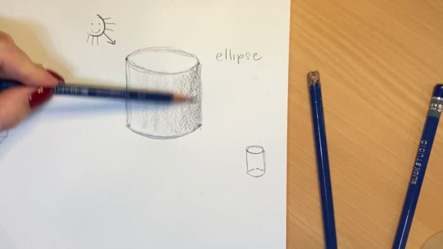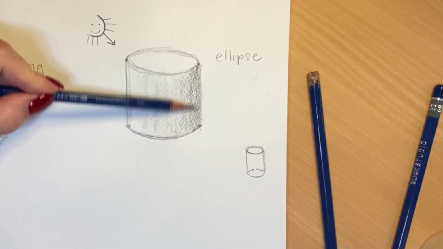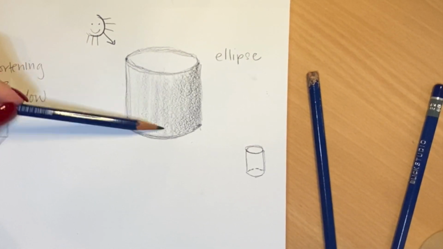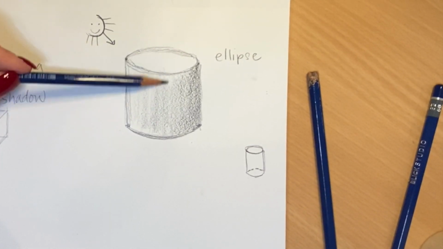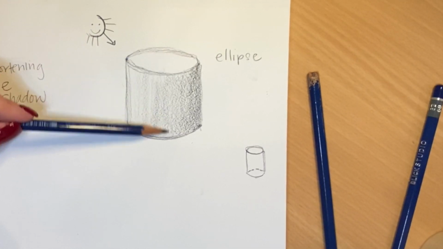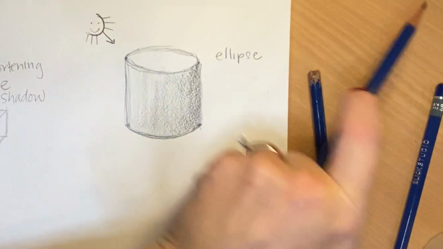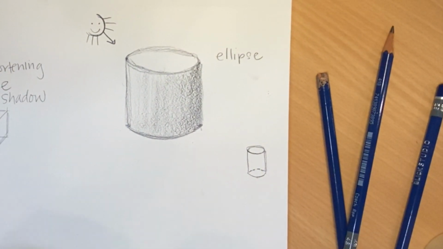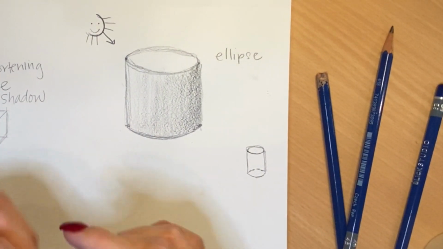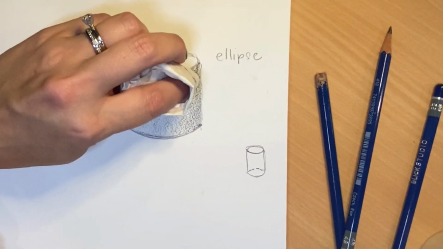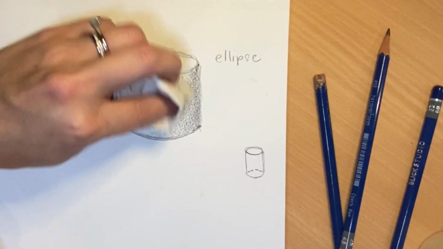I might go back and even some parts out, filling in spots that I missed. And then once I've got it like I want it, I'm going to use that tissue or paper towel, or if you have a tortillon or blending stump, you can use that.